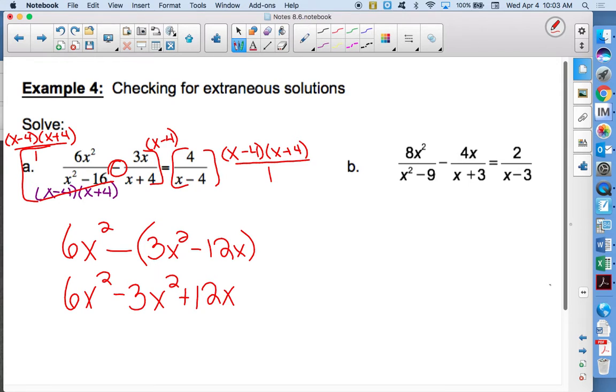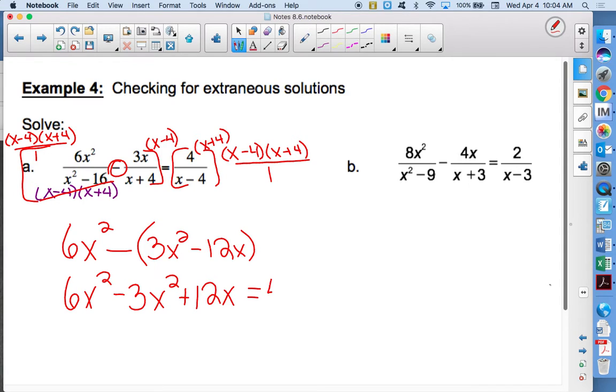So then on the other side of the problem, there is an x minus 4 already in the denominator. What does the numerator need so that it has the least common denominator? So Isabella, what does it need? X plus 4. Right, it needs the x plus 4.